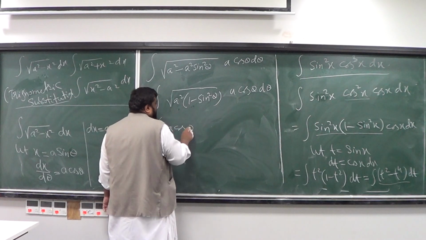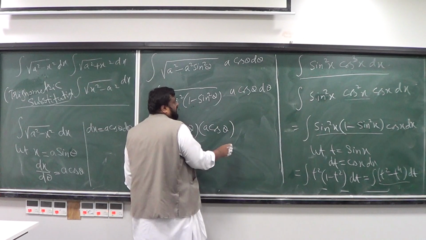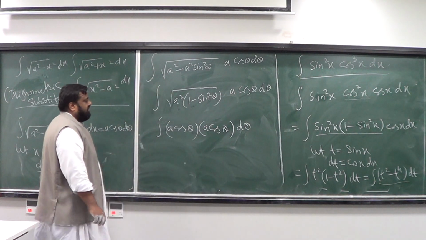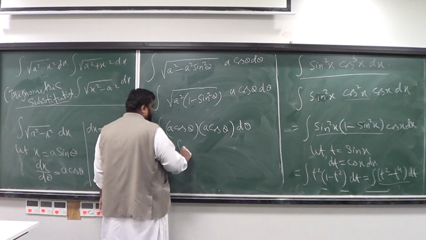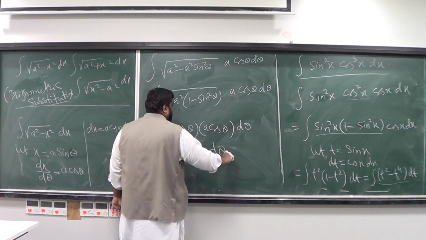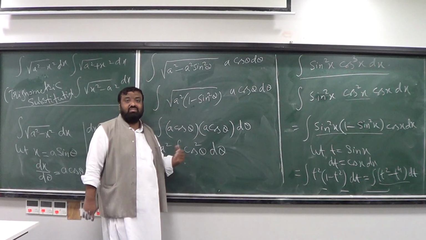So a cos theta multiplied by a cos theta d theta, and you can simplify it to a square cosine square theta d theta. And then I know how to solve such an integral.